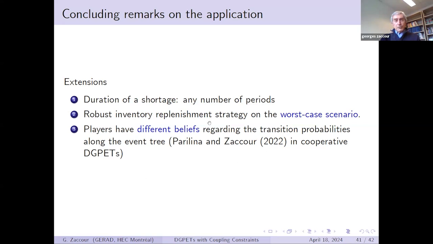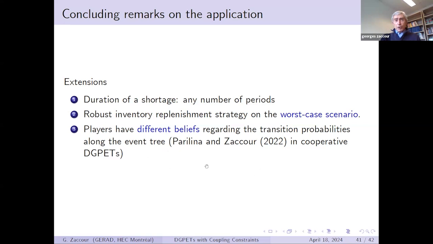There is some work going on with Elena Parilina and Ping Sun, first developing the theory of dynamic games played over event trees under the assumption that the players are using robust strategies, and also looking at different possibilities in terms of defining robustness: worst case, regret, etc.